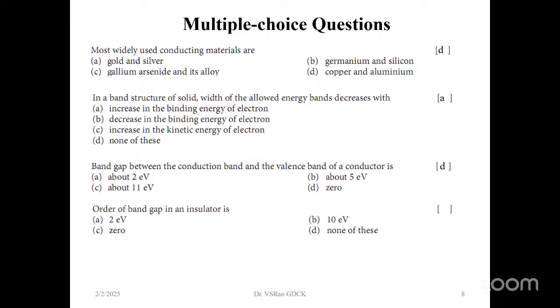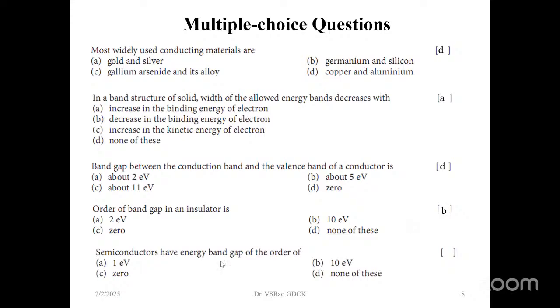Order of the band gap in an insulator is about 10 electron volts. An insulator has more. Semiconductors have an energy band gap of the order of 1, 0, or 10? It is 1 electron volt.